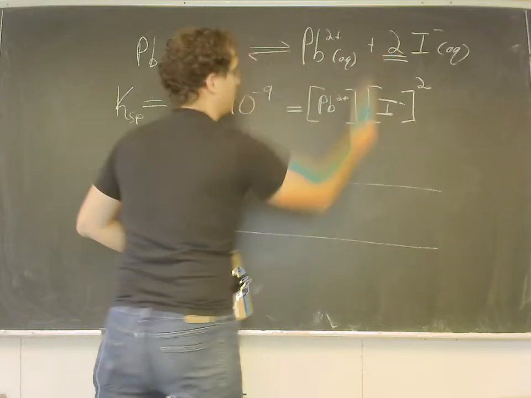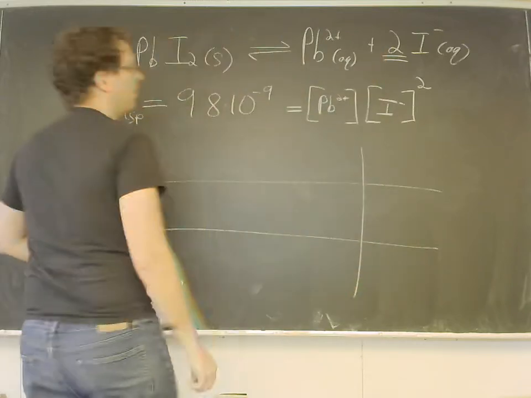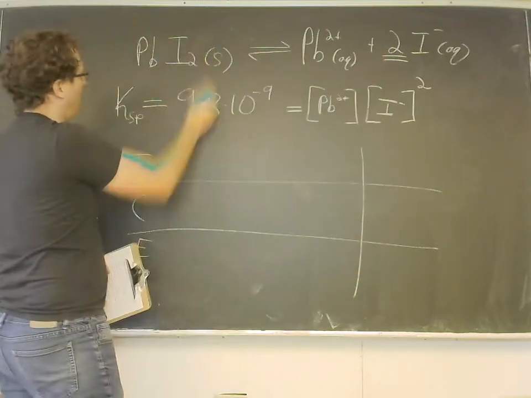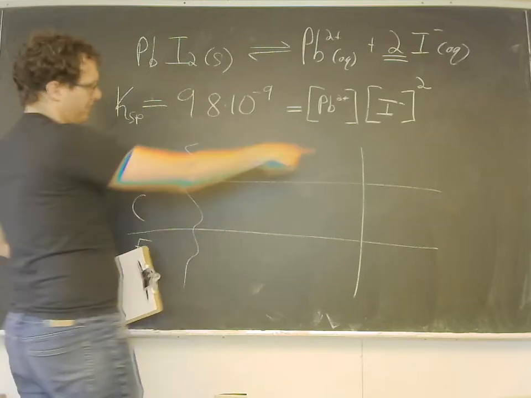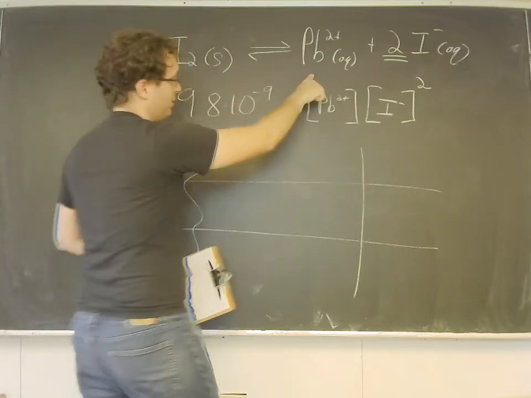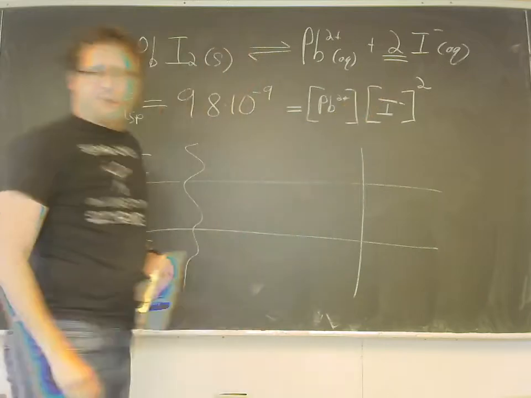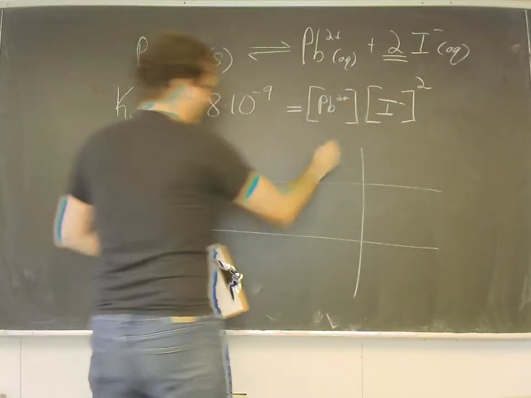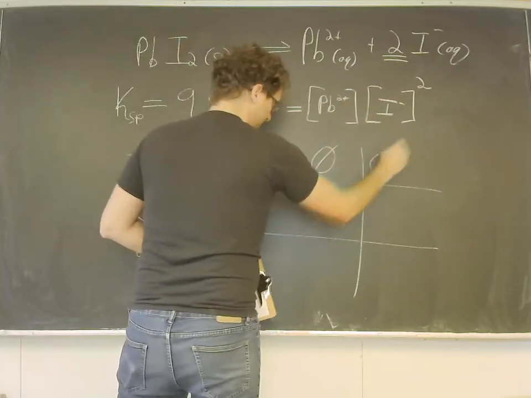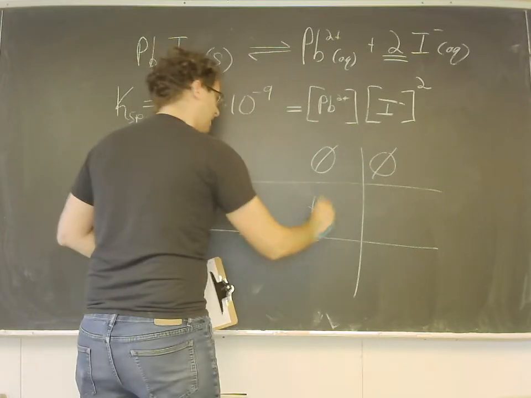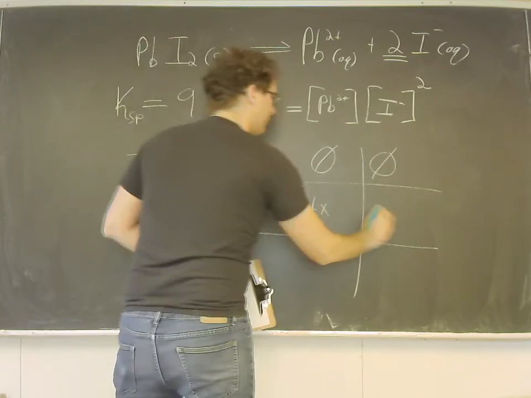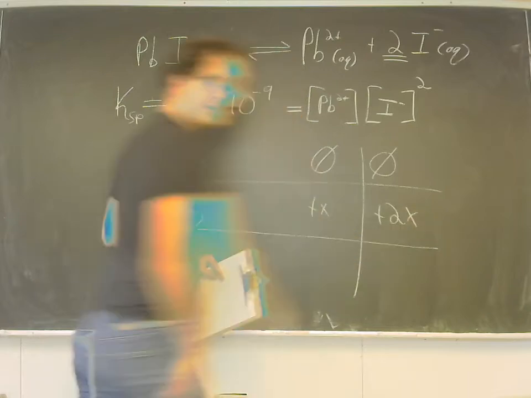Okay, so really the PbI2 doesn't matter. We really only have 2 things here, the Pb2+ and the 2I-, and they're going to start with nothing, and here we're going to get plus x, and here we're going to get plus 2x.